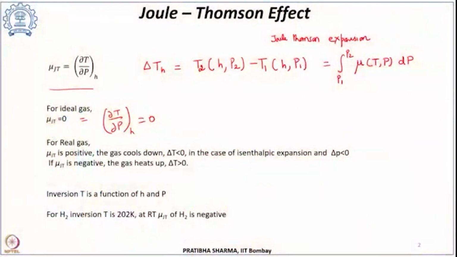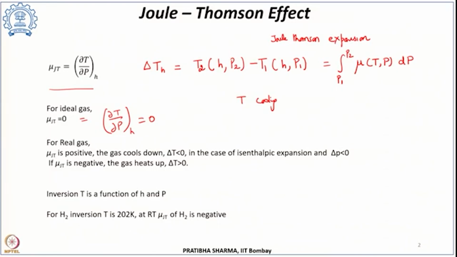Depending upon how the gas molecules interact, if they interact attractively and there is an expansion, that means the pressure reduces or the volume increases, then the potential energy increases. To keep the internal energy constant, the kinetic energy of the gas decreases and thus the temperature also reduces. So, if it is an attractive interaction, it could result in cooling of the gas.